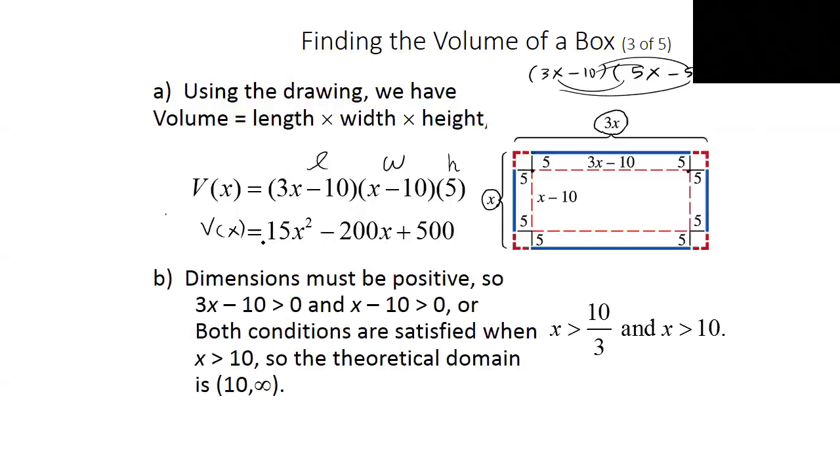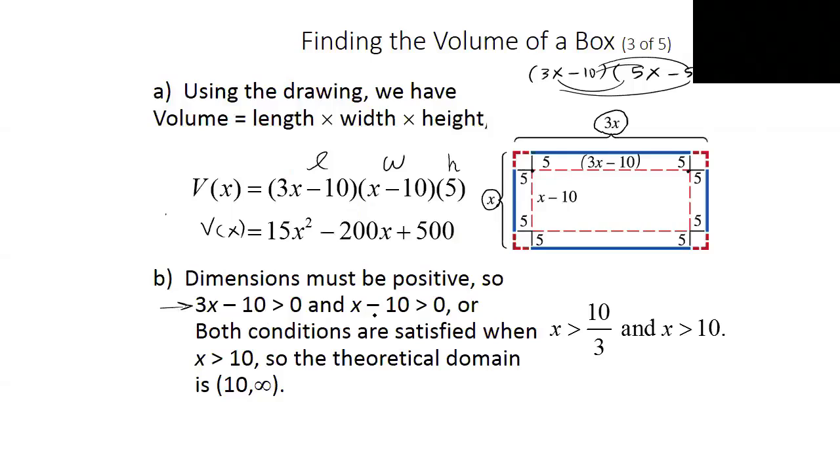For part B, they're asking you to find the restriction that must be placed on x. The restriction comes from the fact that 3x minus 10 must be positive. So one restriction is 3x minus 10 must be greater than 0.